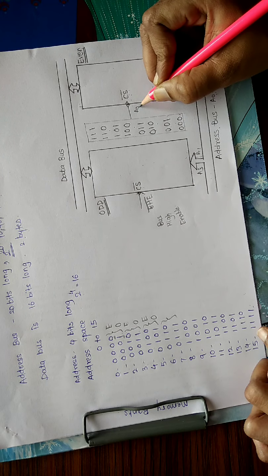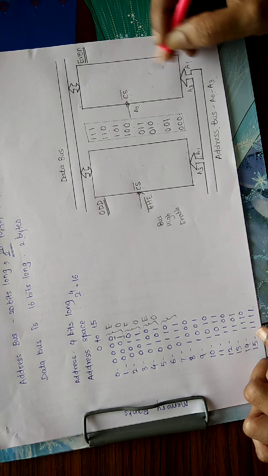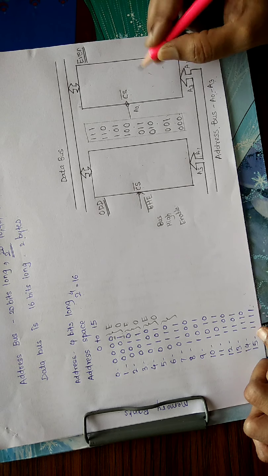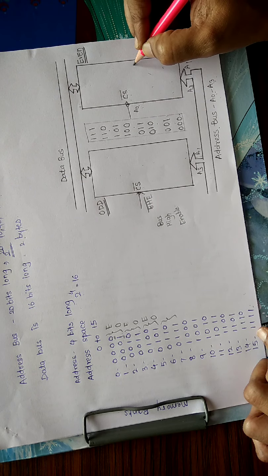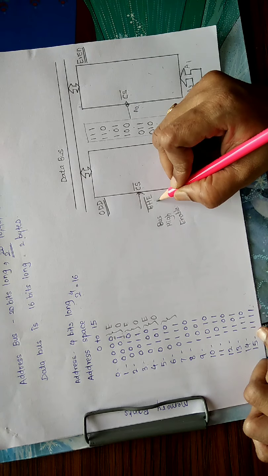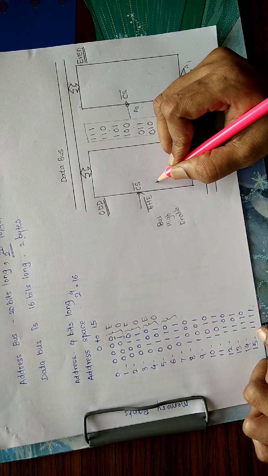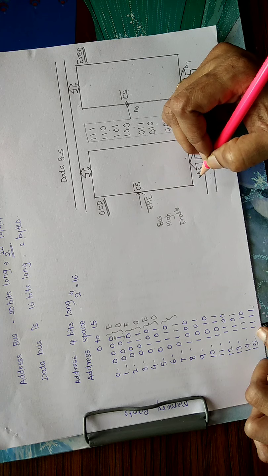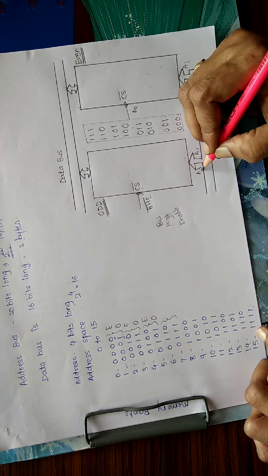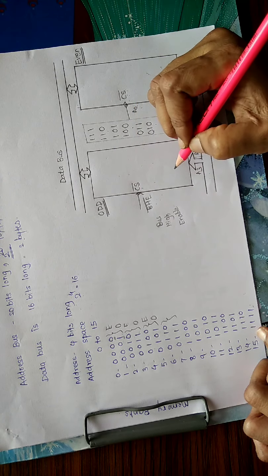So when A0 is 0, the even memory bank gets activated in order to fetch the data. If it is 1, then it gets deactivated. Same with BHE bar: when BHE bar is 0, the odd bank gets activated and obtains the data from the address provided on lines A1 to A3, whereas when it is 1, the odd bank gets deactivated.